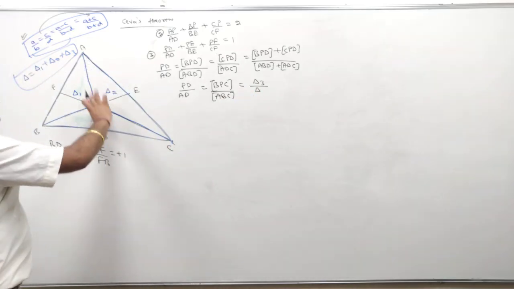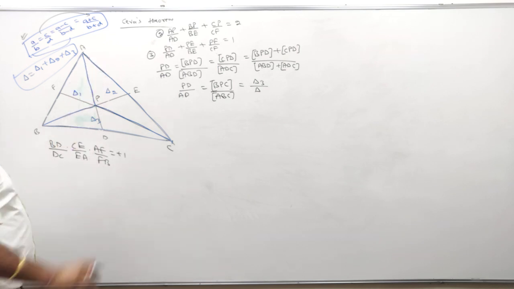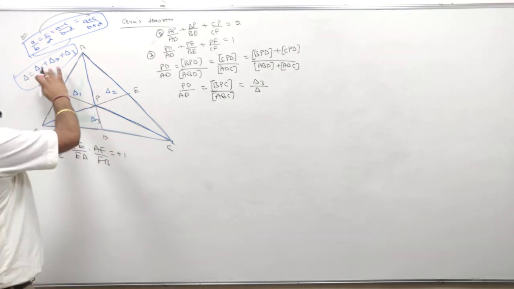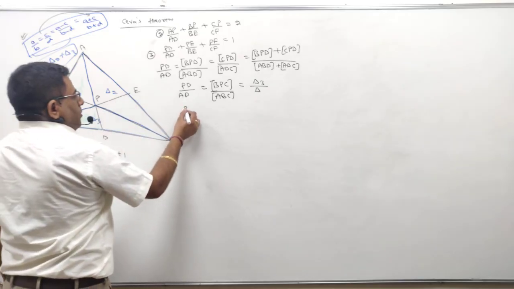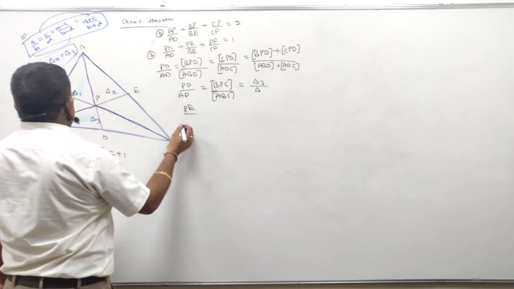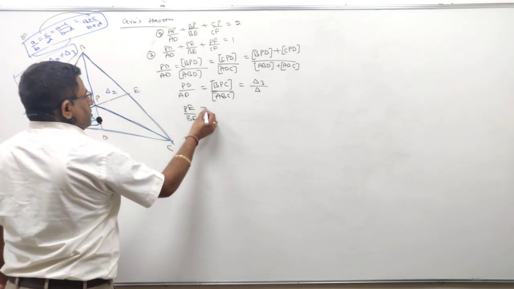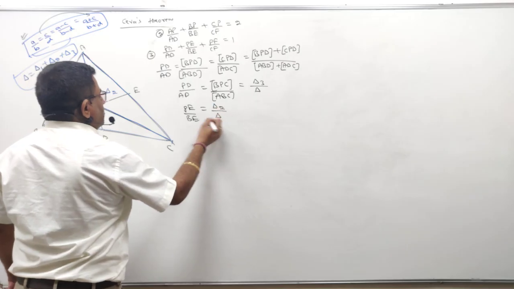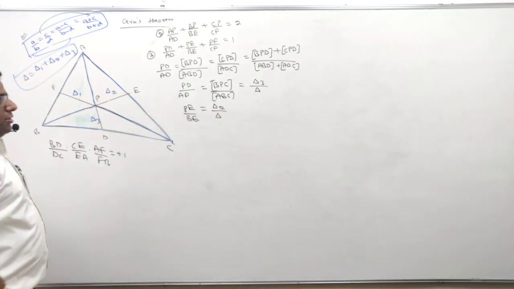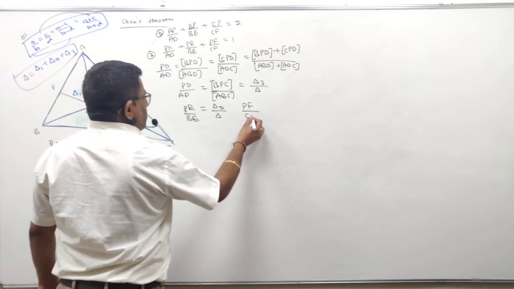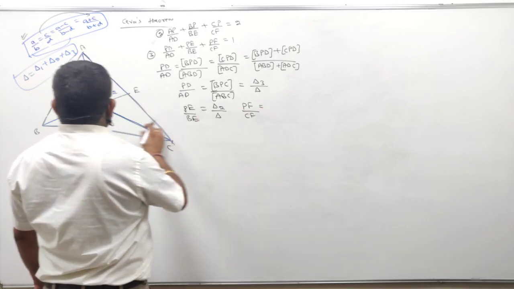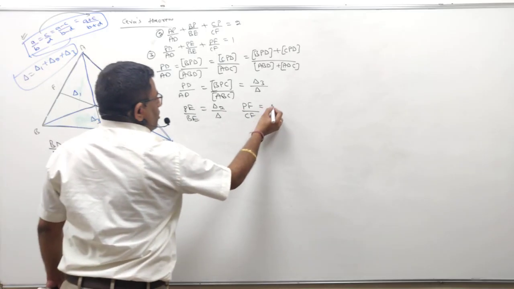So what we get is PD upon AD becomes delta 3 upon delta. Delta stands for area of triangle ABC, which comes out to be equal to delta 1 plus delta 2 plus delta 3. Similarly, PE upon BE becomes delta 2 upon delta, and PF upon CF becomes delta 1 upon delta.